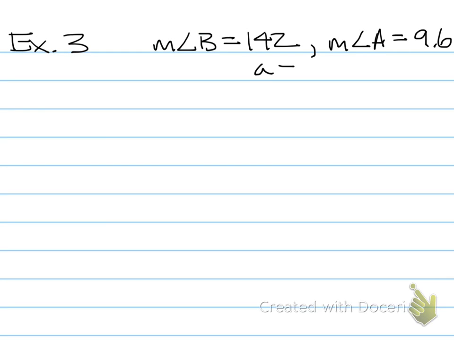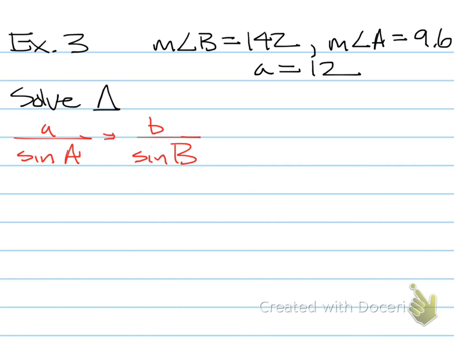In this example, again, we want to solve the triangle. So we're given measures for angle A and side a. So we're going to use that ratio to first find the measure of side lowercase b. We'll set up our proportion this way.